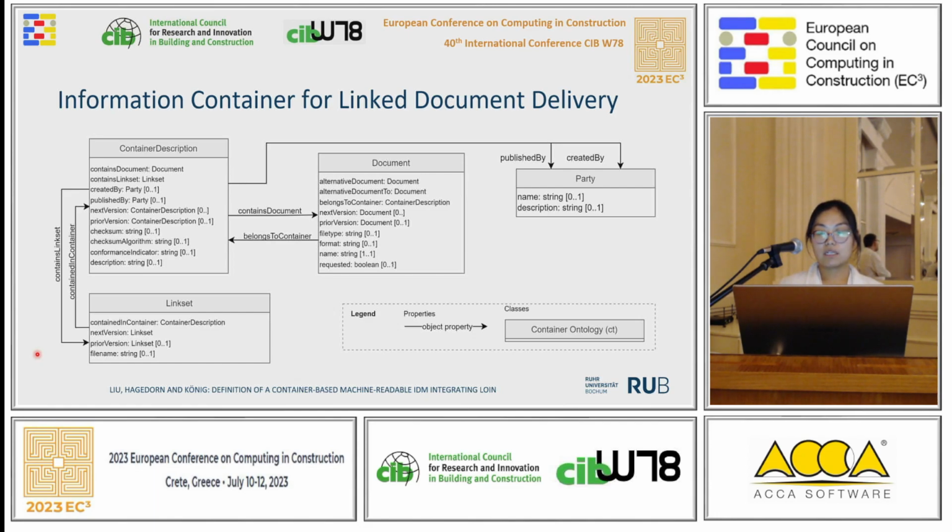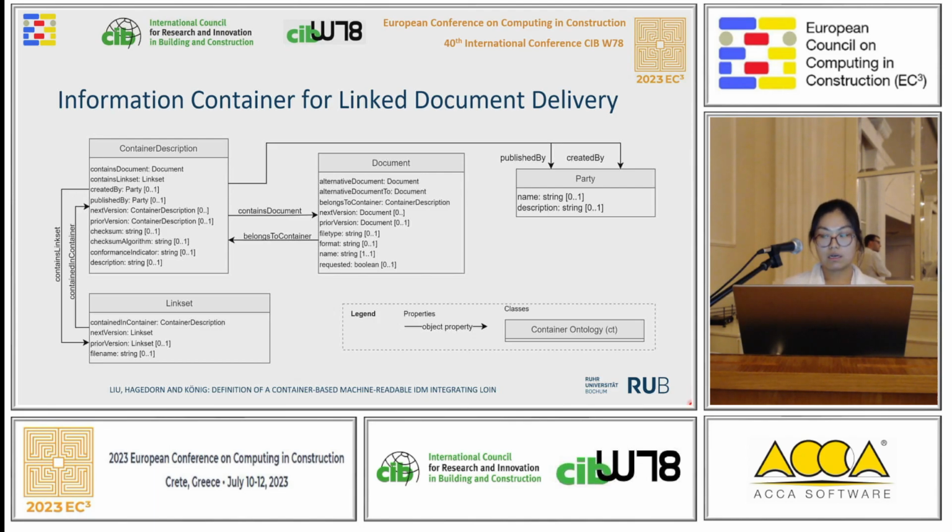For the information container, the ISO standard provides the container ontology and link set ontology for defining the container. Using this ontology, a container can be described and documents can be added into the container with simple meta information like name and format. But the connection between the container content and the exchange information requirement is still missing at this moment.